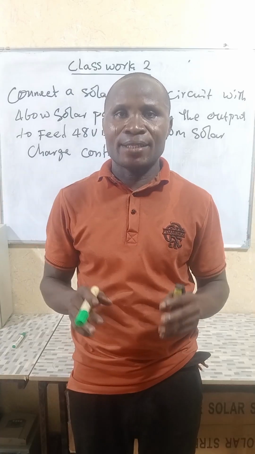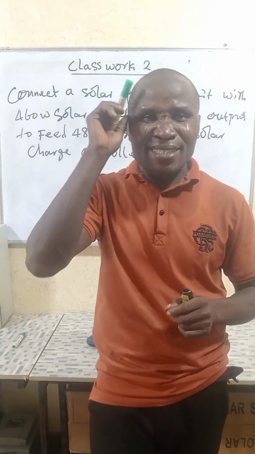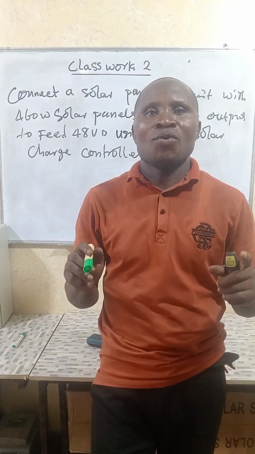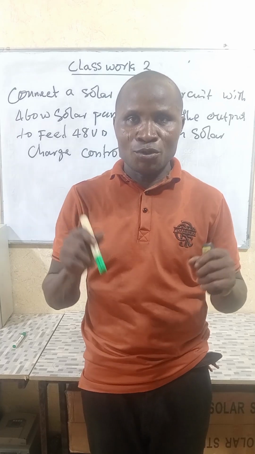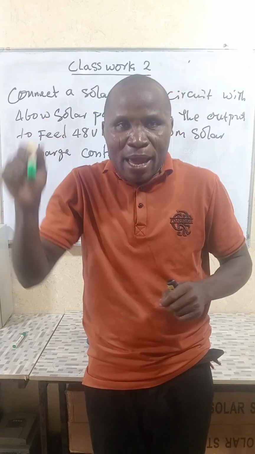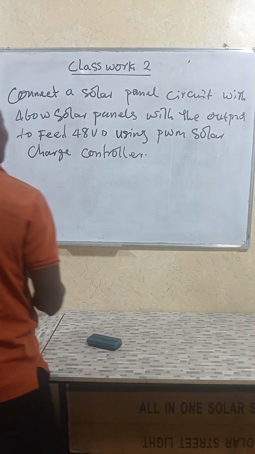Connect a solar panel circuit with 10 pieces of 460 watts solar panel with the output to feed 48 volts DC using a PWM solar charge controller. So, solution.